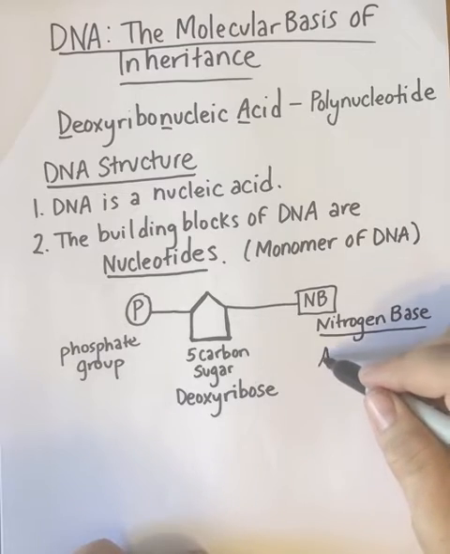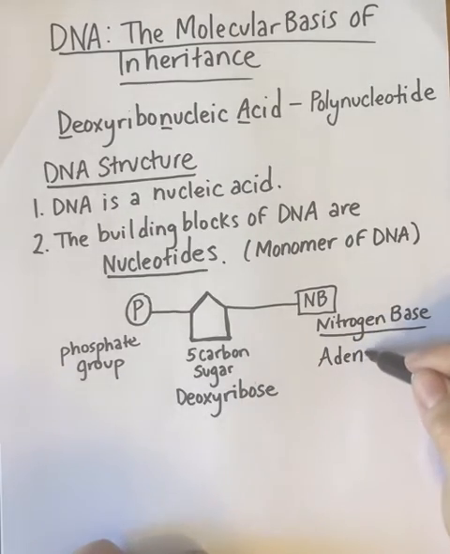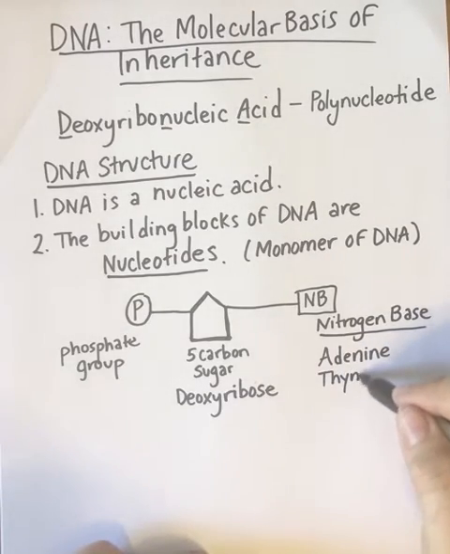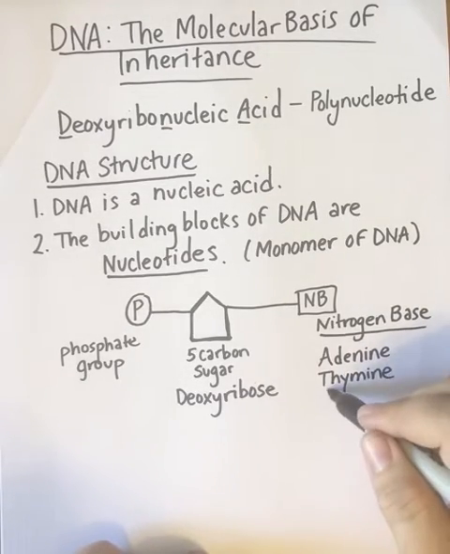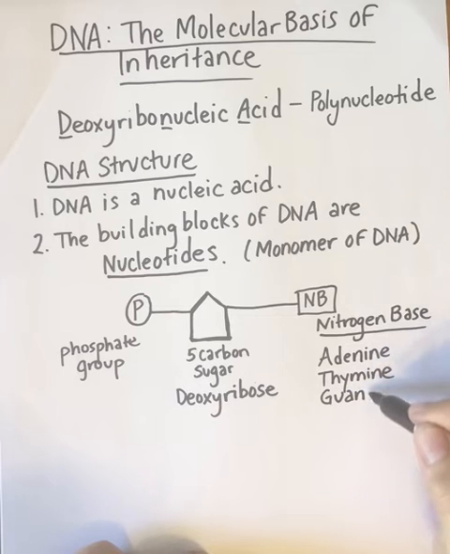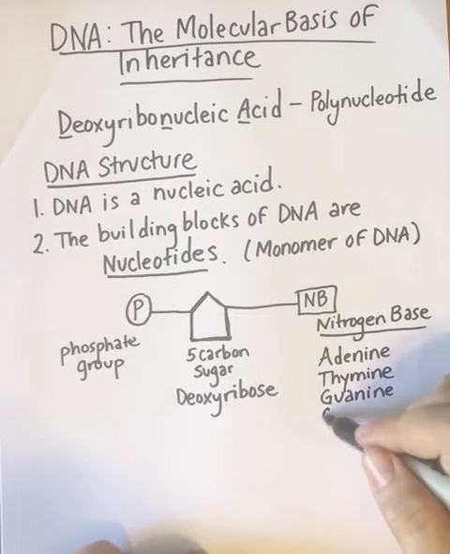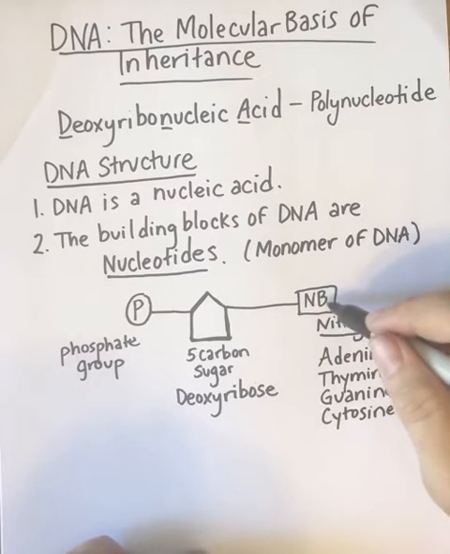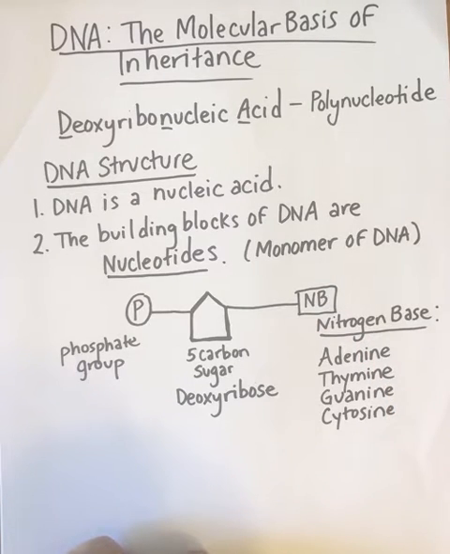They can be adenine, thymine, guanine, and cytosine. So we have 4 nitrogen bases. Only one can attach here at a time, but there are 4 of them: adenine, thymine, guanine, and cytosine.